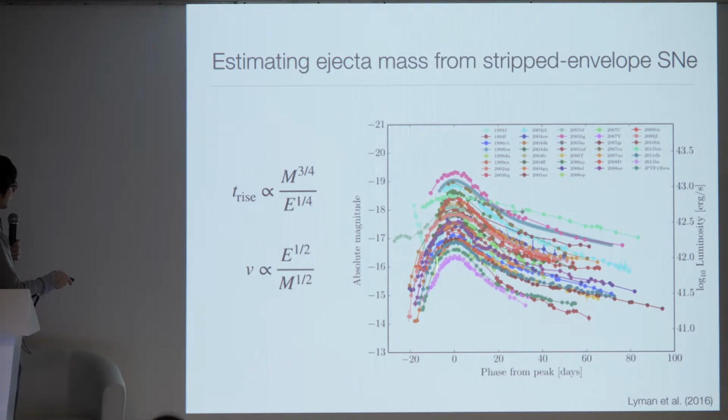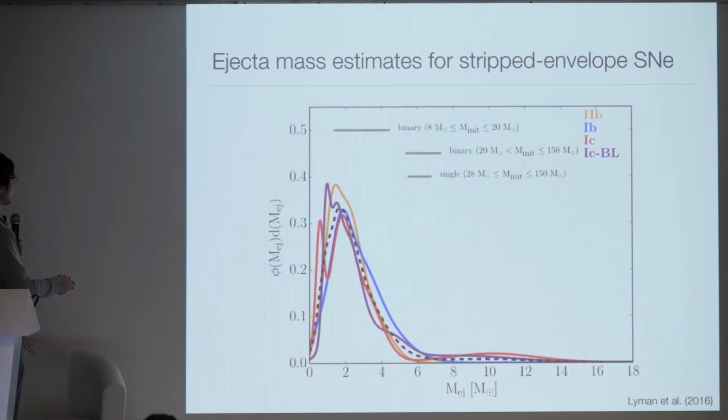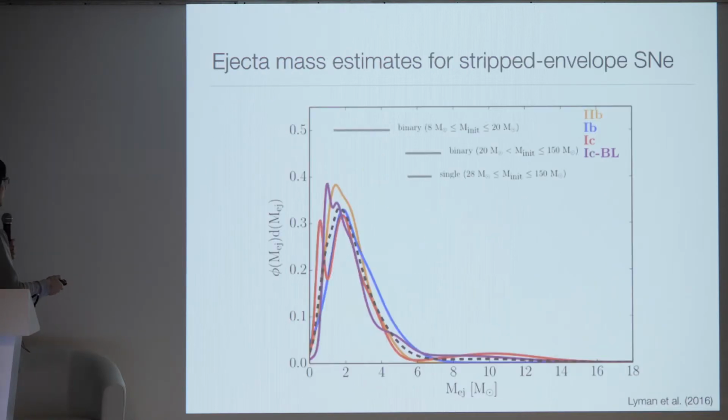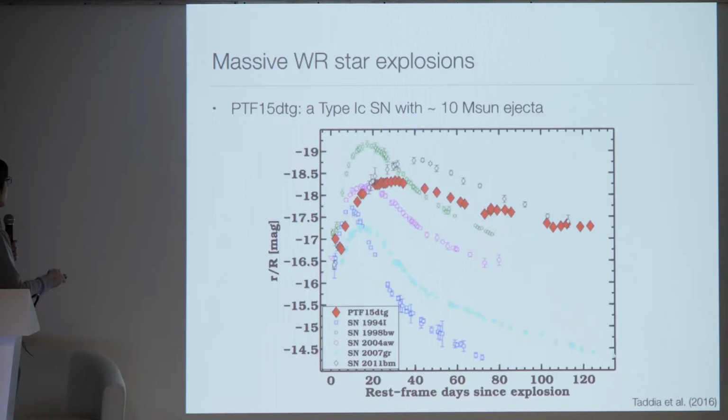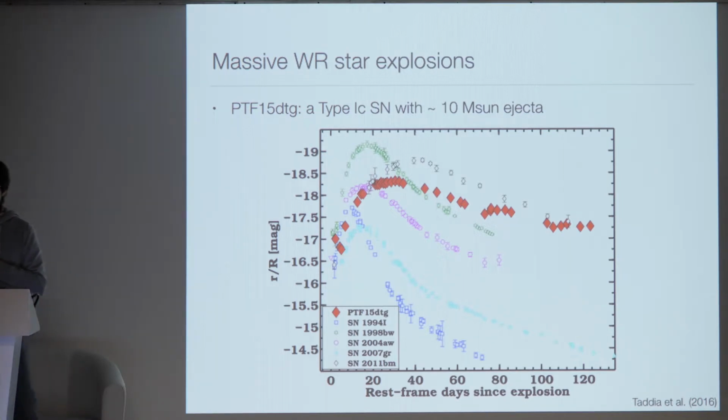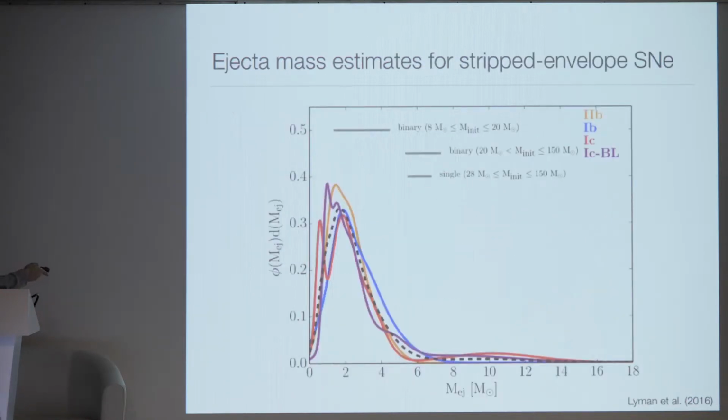But in some cases it takes 30 or 40 days to reach the maximum, and then it decays very slowly. If we do this exercise, in this case we get an ejecta mass of 10 solar masses or so. So we do also find these massive Wolf-Rayet star explosions, which should come from a relatively massive star.